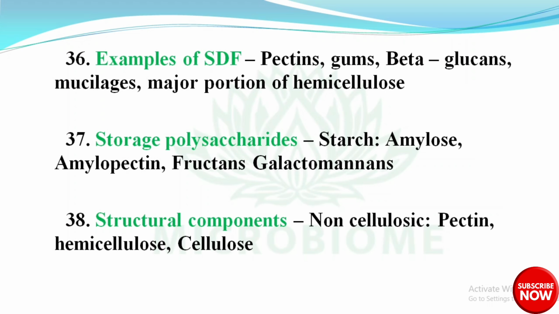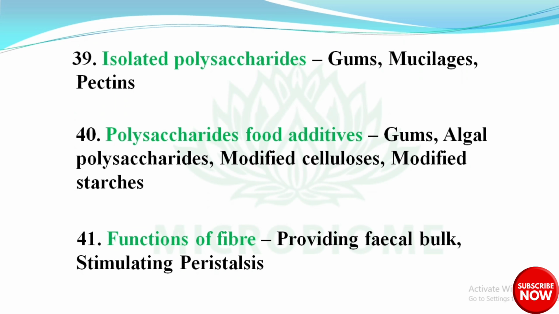And next comes storage polysaccharides: starch, amylose, amylopectin, then fructans and galactomannan. Then structural components, that is non-cellulosic: pectin, hemicellulose and cellulose. And next about isolated polysaccharides: gums, mucilages and pectins.